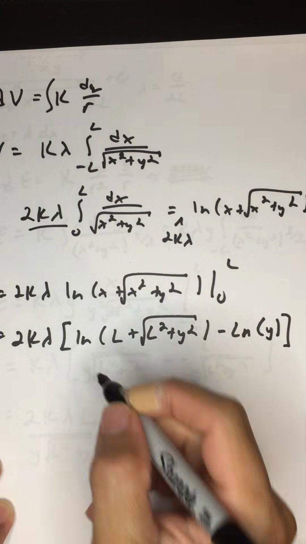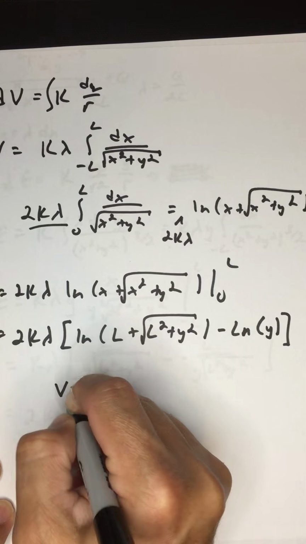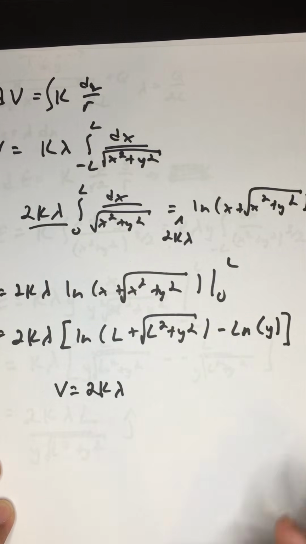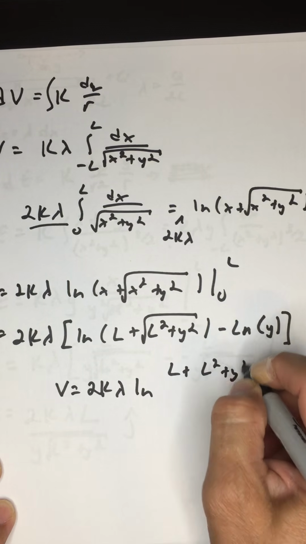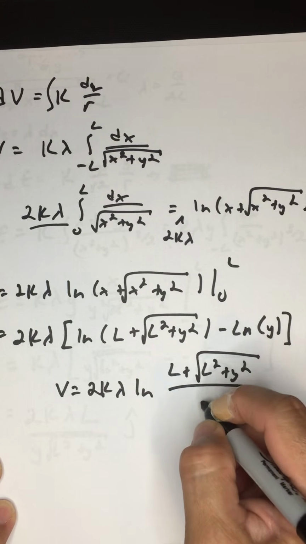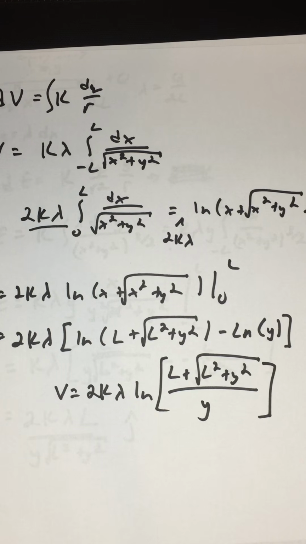And then I'm going to apply rules for logarithms and rewrite this way: 2kλ log of L plus the square root of L squared plus y squared, all over y. And that is the potential of the charged rod at that point above its midpoint. Again, I'm going to leave this in terms of y, so this can now vary as I move up or down. As long as I stay above the midpoint, this works.